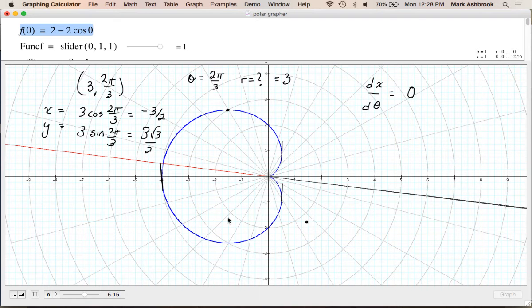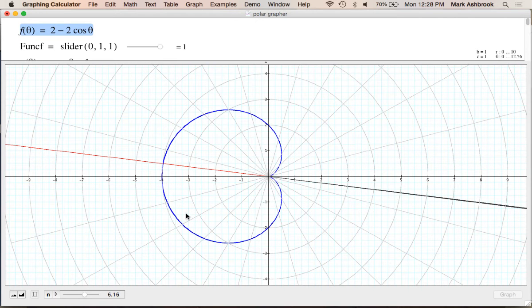Okay, let's talk about, so how about down here at 5 pi over 4? I think that's right here. Is that right here? Or is this right here? 1, 2, 3, 4, 5. Something's missing here.